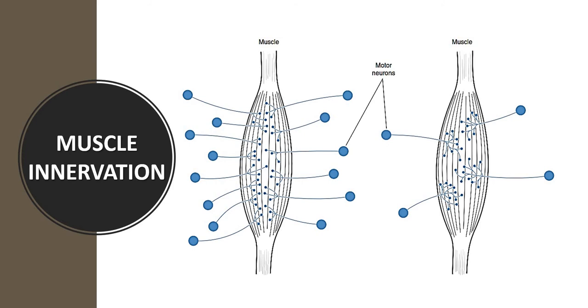And the purpose of this is simply that when a motor neuron is activated, its action potential propagates down the axon, and all of the cells it synapses with, or fibers, will be activated, or will be engaged.